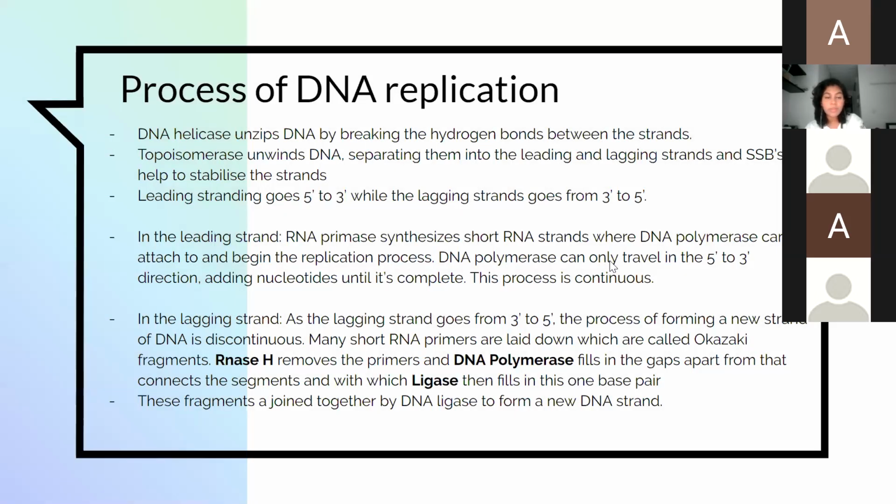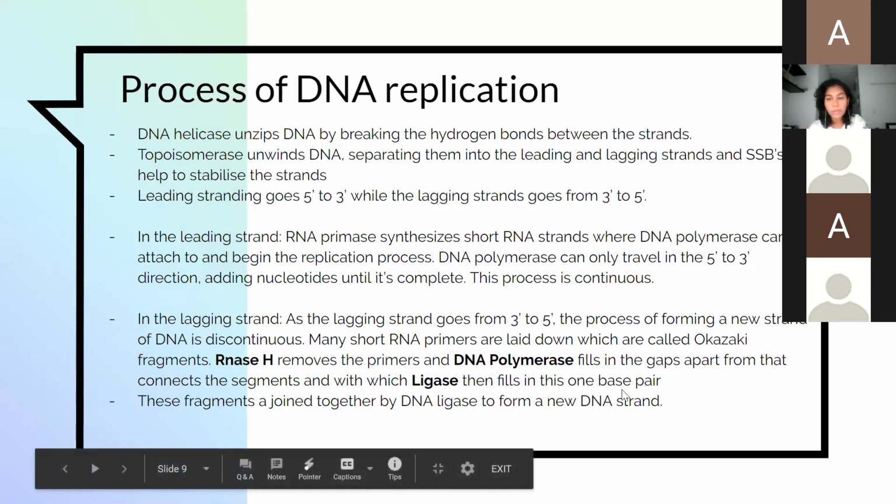The problem with the lagging strand is that it's in the opposite direction, and DNA polymerase can only go from 5' to 3', which makes it discontinuous. So in the lagging strand, the process of forming DNA is discontinuous. Many short RNA primers are laid down, and this forms Okazaki fragments.